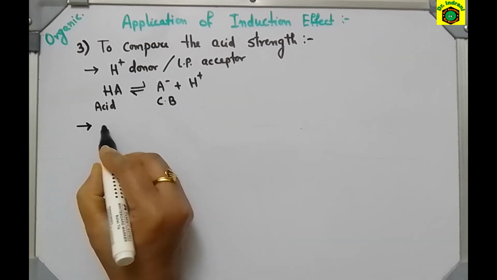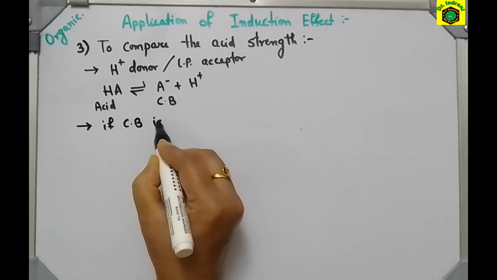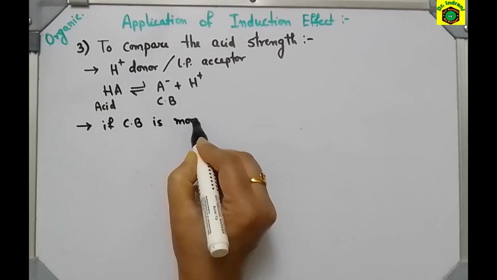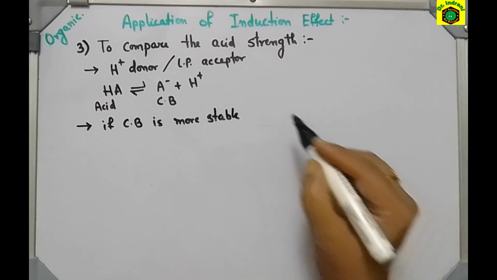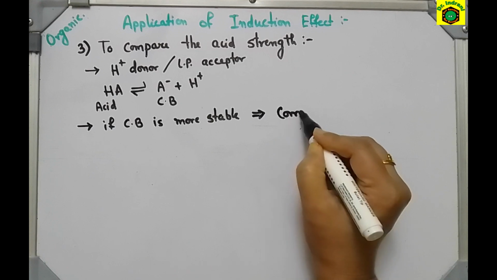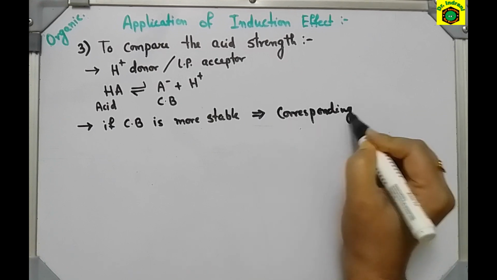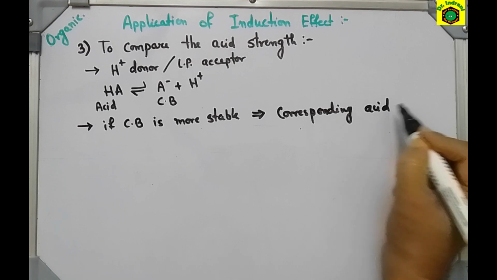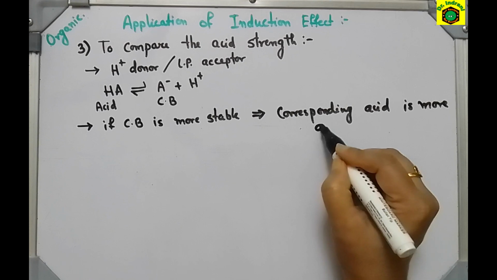Now remember, if this conjugate base is more stable, then the corresponding acid is more acidic.